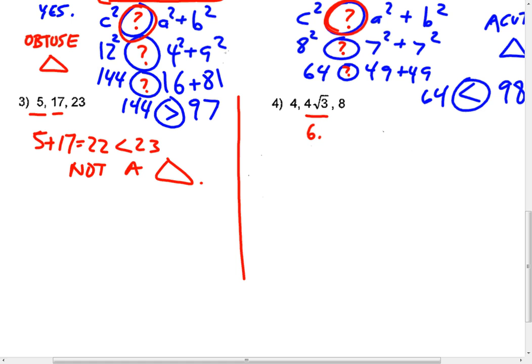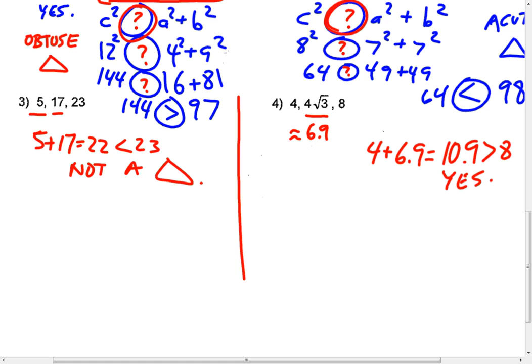So 6.9 something approximately. So when I test it, use the decimal for your step 1. So let's do 4 plus 6.9. That's about 10.9. Is that bigger than 8? So that at least gives me an idea that yes, it is a triangle.